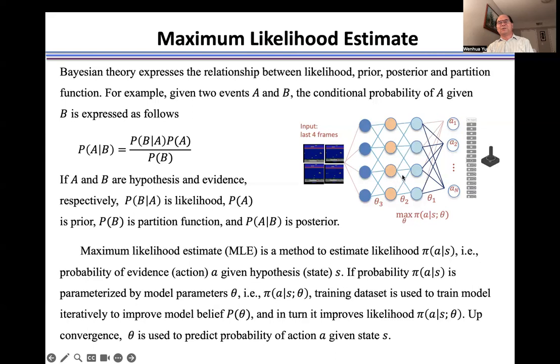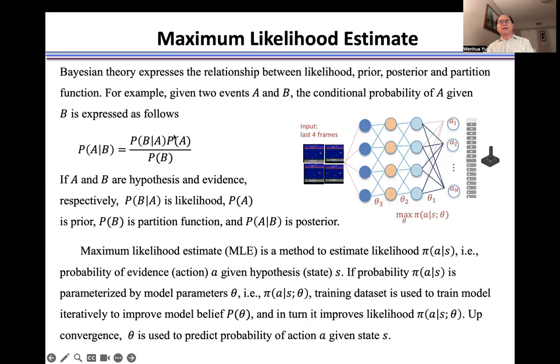Once we have this initial model parameter distribution, we use state as an input to the model, and the model predicts the probability of action A. Once we have this prediction, we can compare it with the ground truth through the gradient descent method to find the gradient of the loss function, and then use the gradient to update these model parameters.